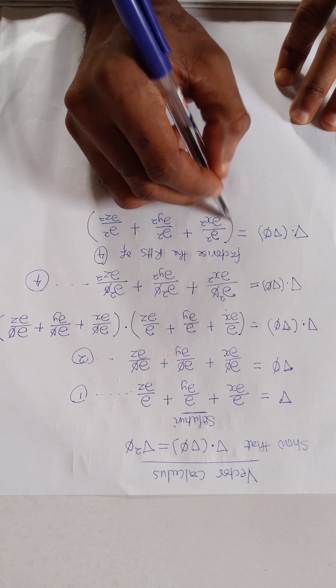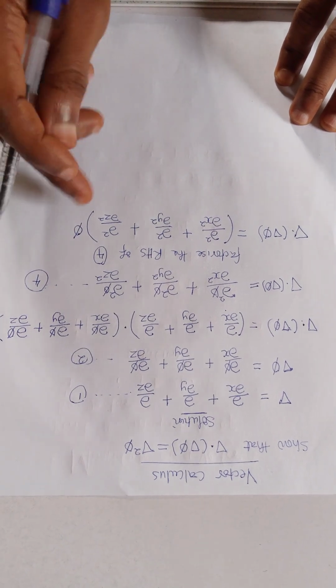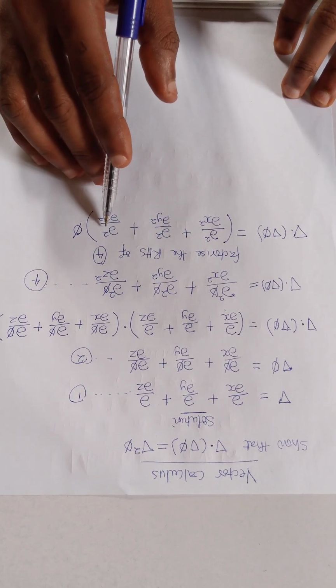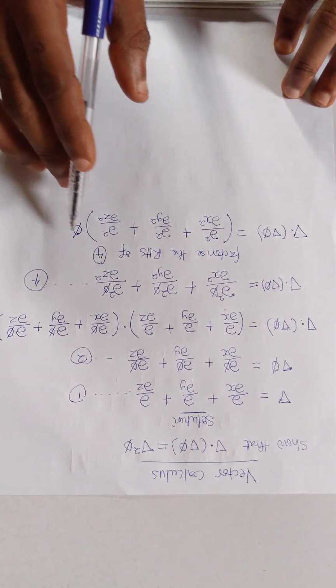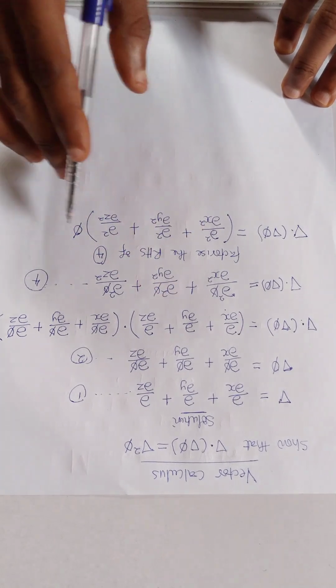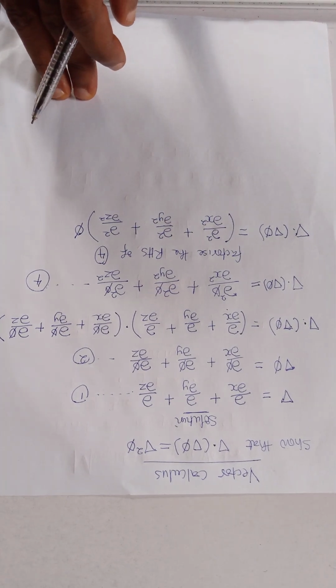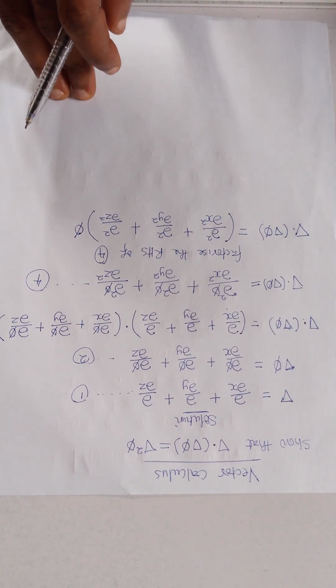And so since phi is common, if we now say phi times this, we are going to have this. Phi times this, we are going to have the all of this, and phi times this, we are going to have the all of this. Okay, so having achieved that, we continue.